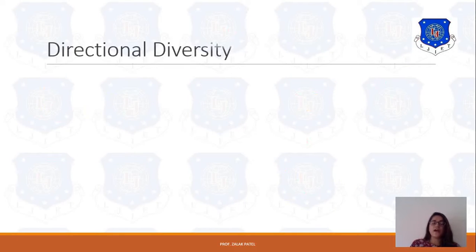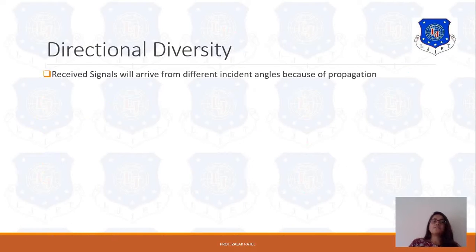Next is directional diversity. The received signal will arrive from different incident angles because of propagation, and if they arrive from different incident angles, reflection, diffraction and scattering can occur.